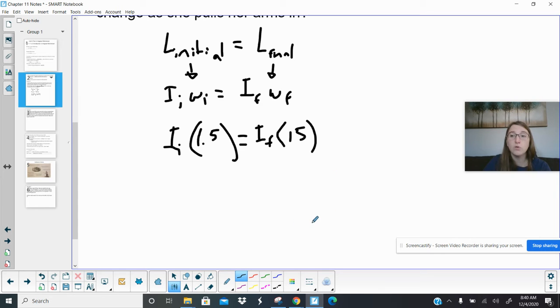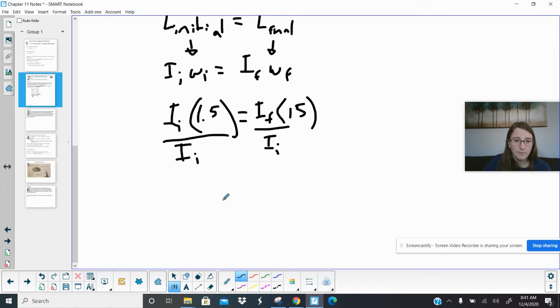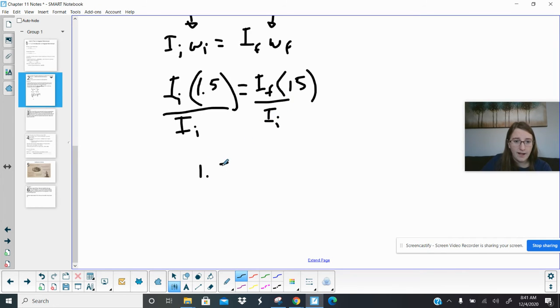So take a moment to move this around so that my initial rotational inertia is on top of a fraction, and I have the other stuff on the other side. What I mean by this is, here's our initial inertia. So I have 1.5 equals inertia final, gonna get these all mixed up, inertia initial times 15.